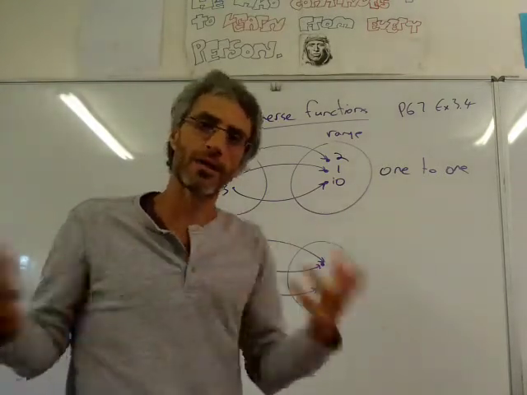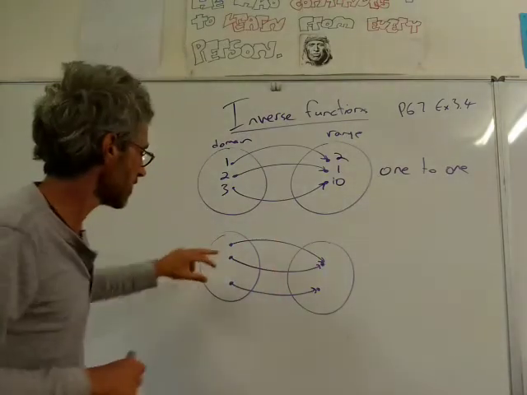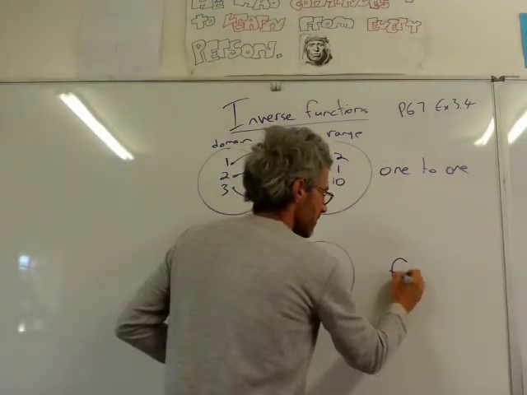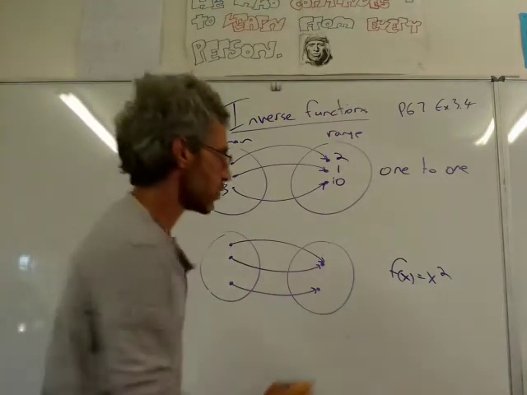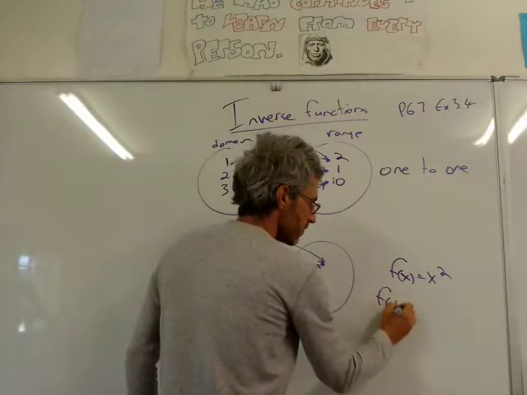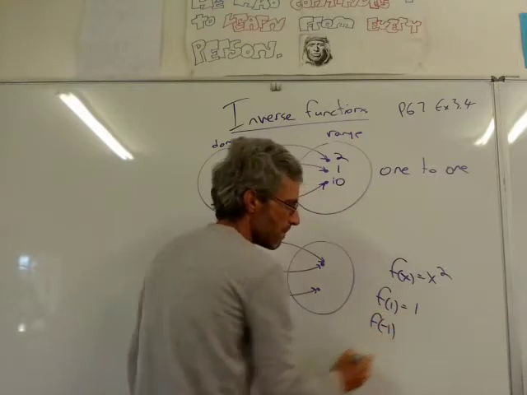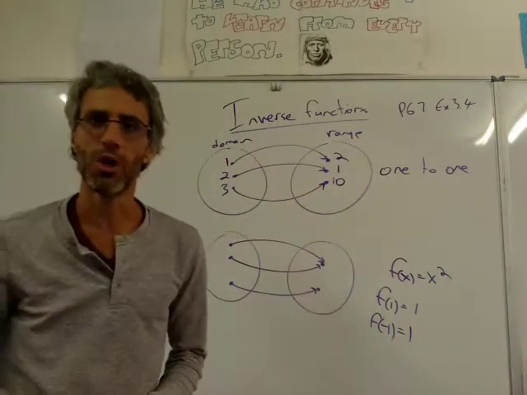Now you might think, hey, not all functions are the same like that. No, of course not. So let's just think about an example. F of x equals x squared. If you put f of 1, it's going to be 1, but if you put f of minus 1, the answer is also going to be 1.